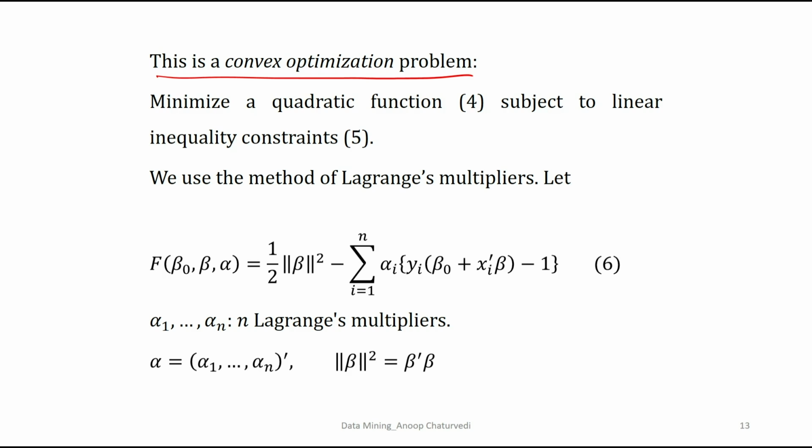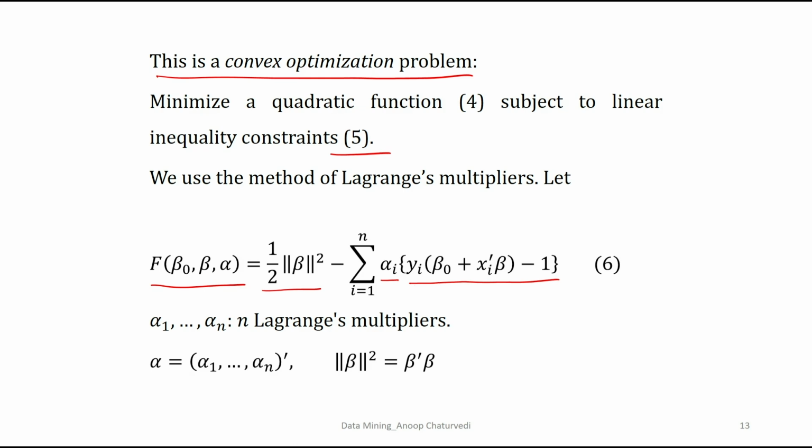You have to minimize a quadratic function 4 subject to linear inequality constraint 5. Then we use the method of Lagrange's multipliers. So, suppose we define the function f(beta naught, beta, alpha) equal to half norm beta square minus summation i equal to 1 to n alpha i into (yi (beta naught plus xi transpose beta) minus 1).